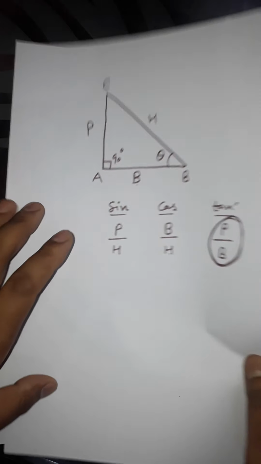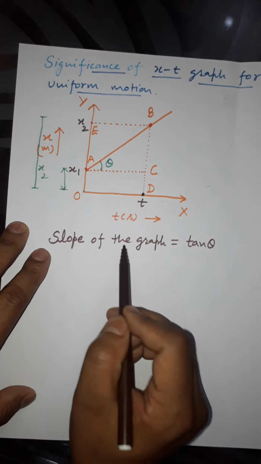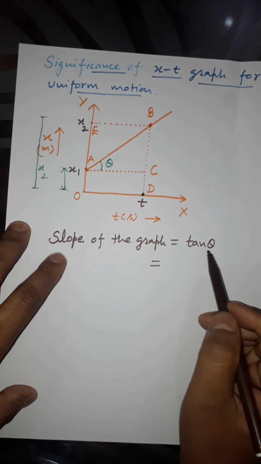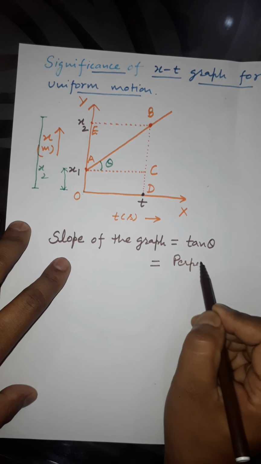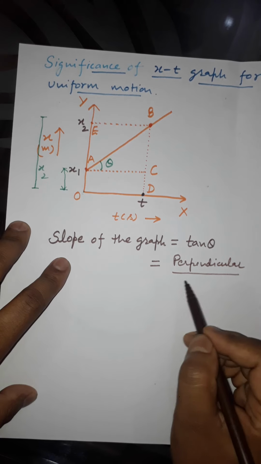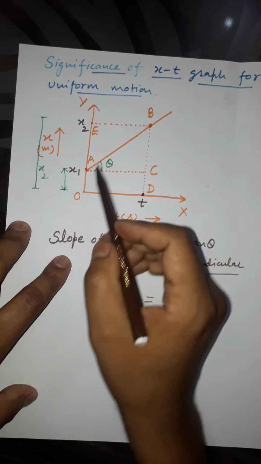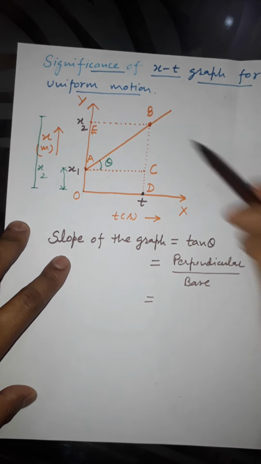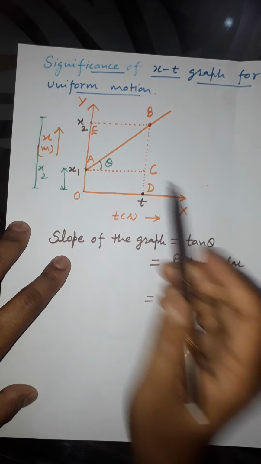So let us see here. We are finding here the slope of the graph which is equal to tan theta. Now, tan theta is equal to perpendicular over base. So here in the right angle triangle ACB, perpendicular is BC and base is AC.